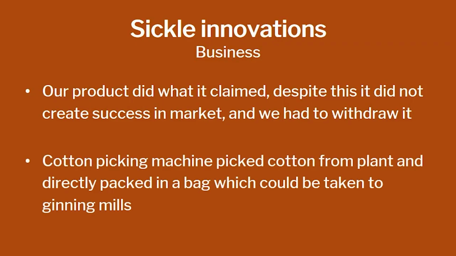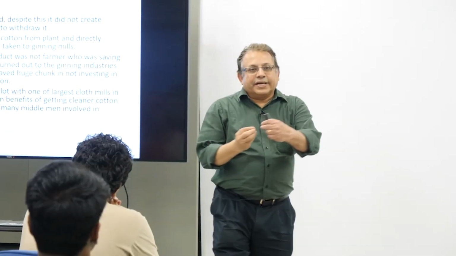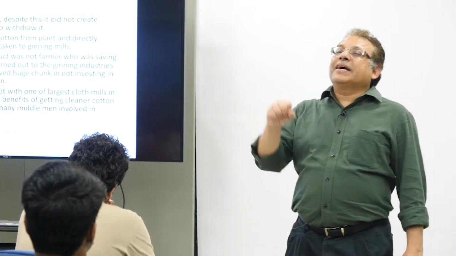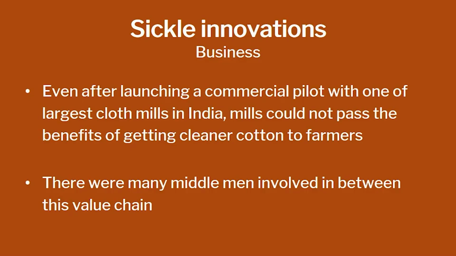It turned out that this machine that they created, that picked cotton from the plant and directly packed into bag, that was going directly to ginning mills, where they will then get the thread out of the cotton. So while they initially thought they are going to empower the person picking the cotton, they ended up empowering the company that is selling cotton.